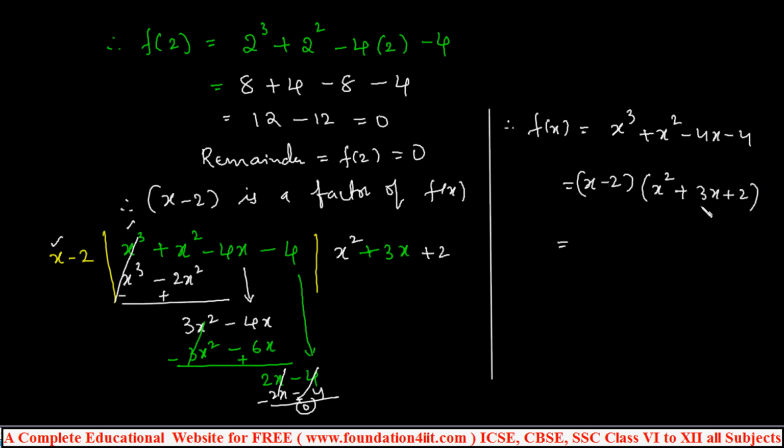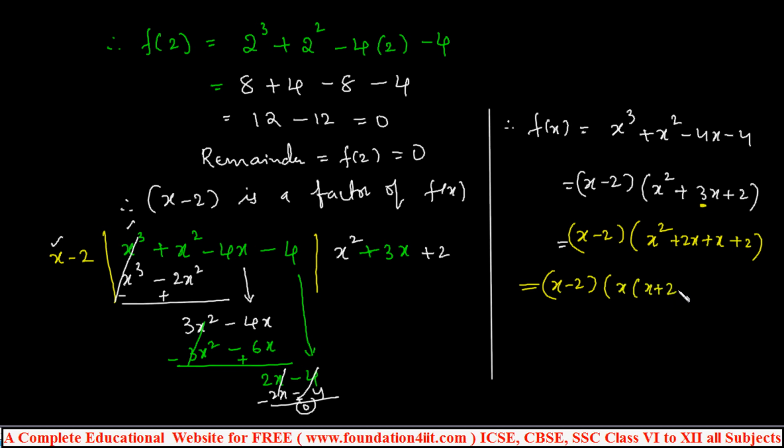This is a quadratic expression, and we will factorize this. x minus 2 is already done, and x square plus 3x we can split into two parts, plus 2x plus x, because the product should be 2 and the sum should give the middle term 3.